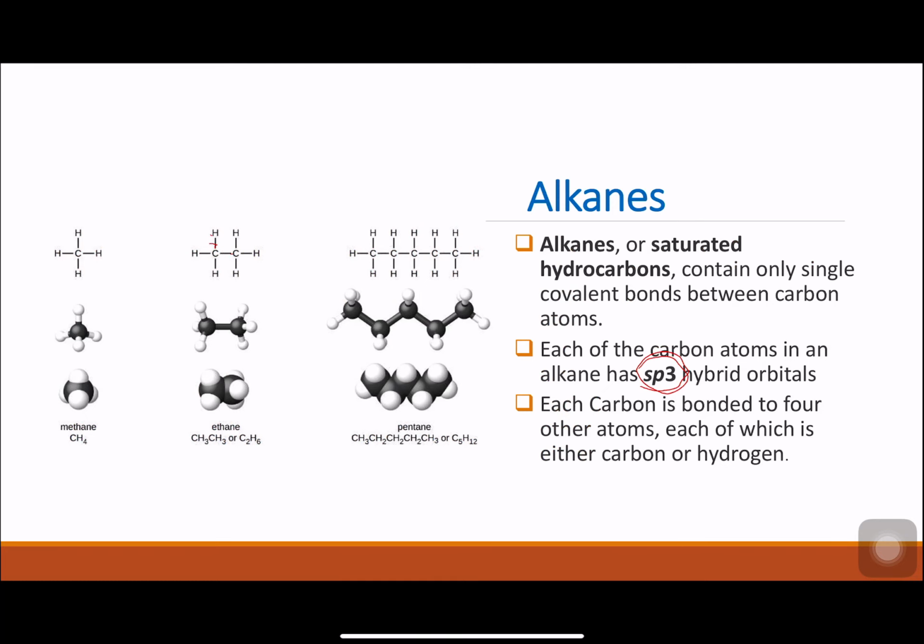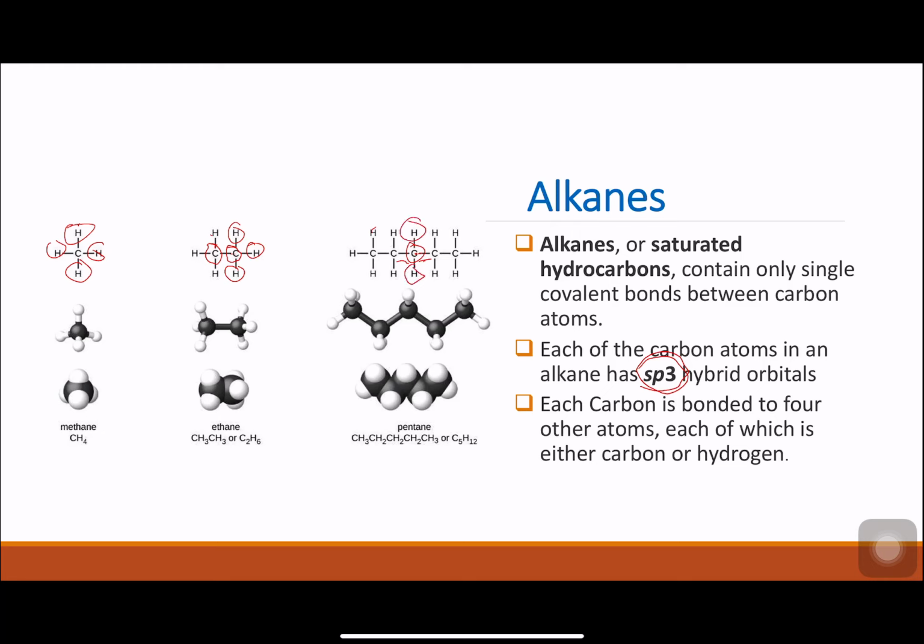Or for other alkanes, a carbon can be like this one, attached to two carbons and two hydrogens. So you will always end up with an alkane compound where all the carbons have four connections.